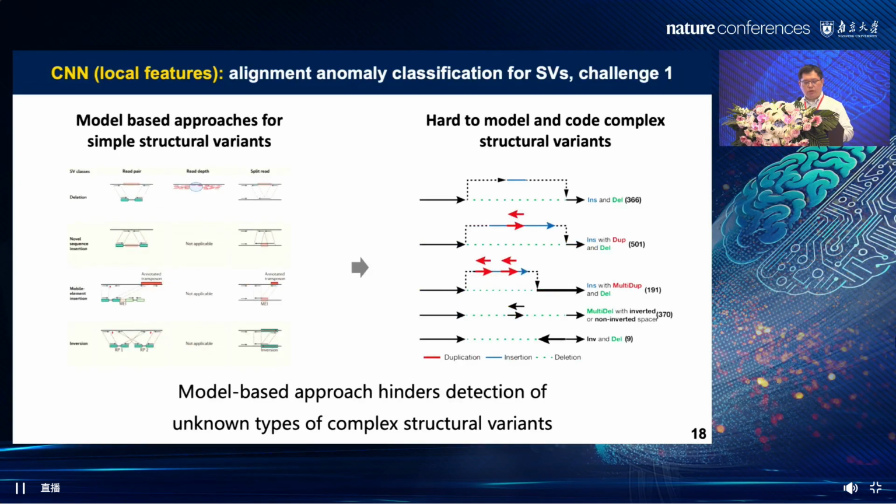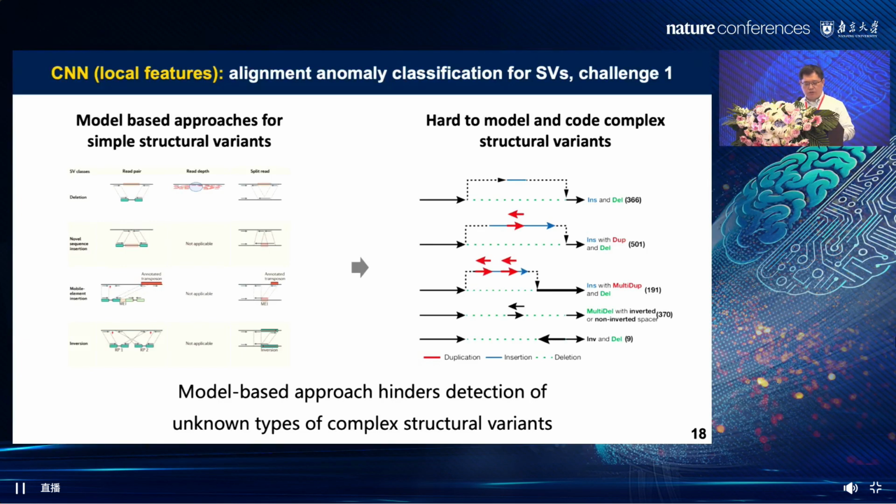When we want to detect such structural variations or complex structural variations from the sequence data, there are several challenges. The first one is that current methods first need a model that says what a deletion looks like, what an insertion is, what a duplication looks like, and then you write a piece of code trying to detect such a mutational signature.